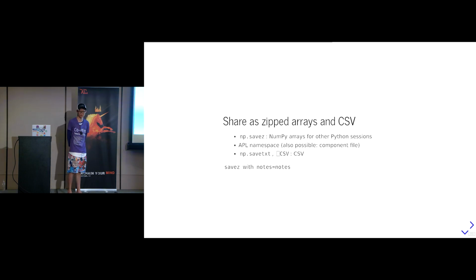It's also possible to save an APL array to a component file, which is more efficient, but the interface is a little dated, I would say. And we save to CSV in both Python and APL. We have the np.savetxt function. And in APL, we use the same CSV function, because why introduce new names?